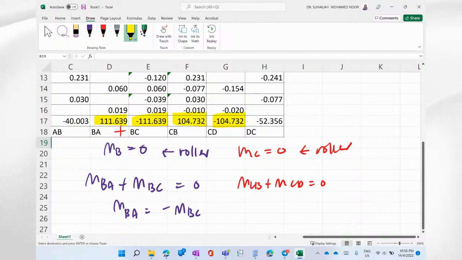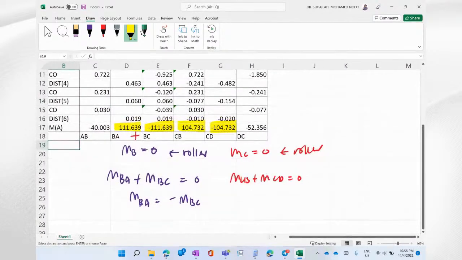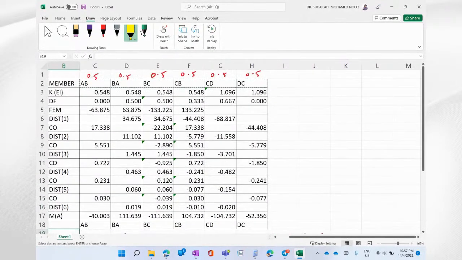And MB equals 0, MC equals 0 is correct because that is the original. The original roller, we know that roller M is 0. So that's why we get like this. This table I will copy and paste into the class notebook just now.